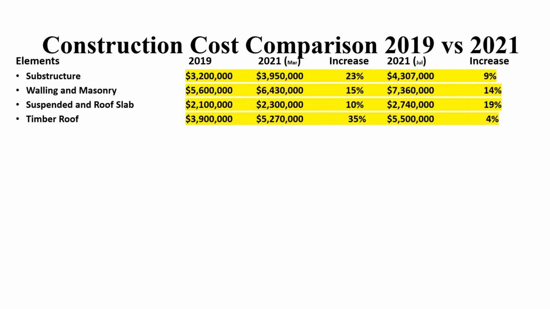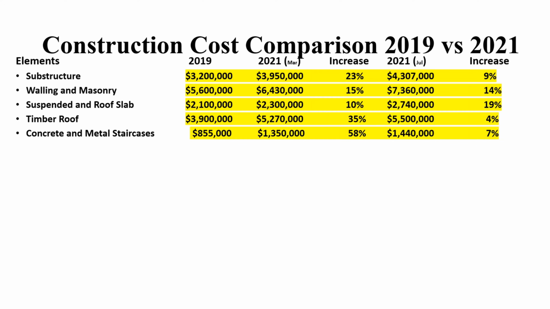Roof, so back in March we were looking at 5.27 to do the roof. Now we are looking at about 5.5. This is due to increases in plywood to do the sarking and so on. So an overall 4% increase.